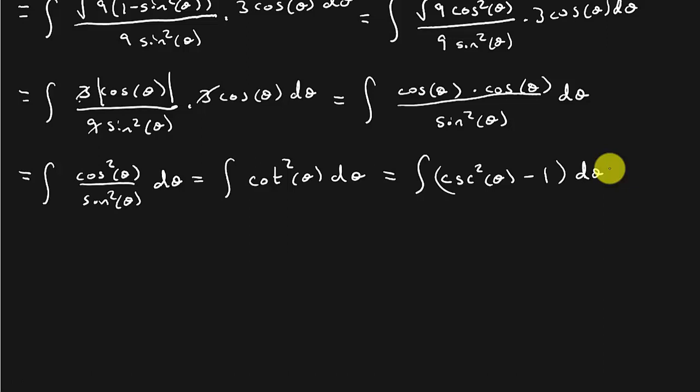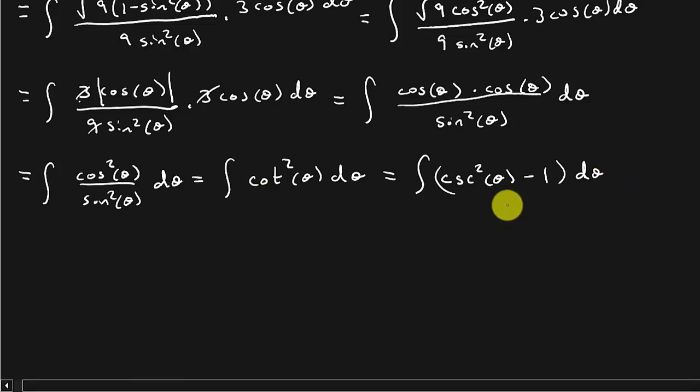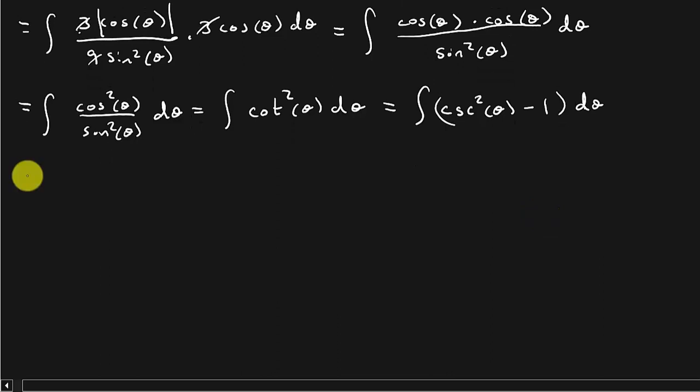And then if I solve, I get cotangent squared is cosecant squared minus 1. Well, now I know the antiderivative of cosecant squared. That's negative cotangent theta minus, and then the antiderivative of 1 is just theta. And then don't forget your plus c.